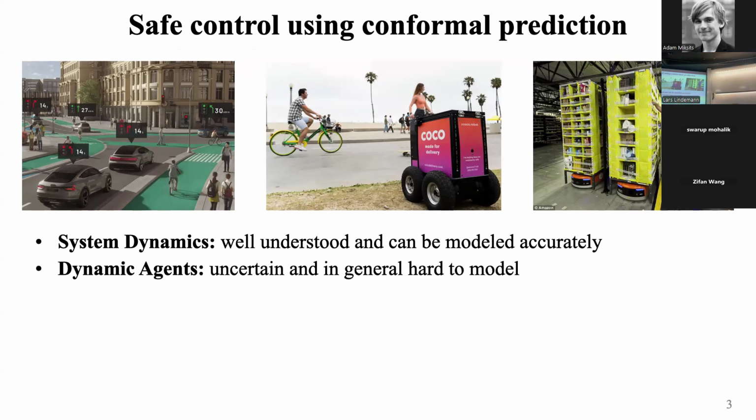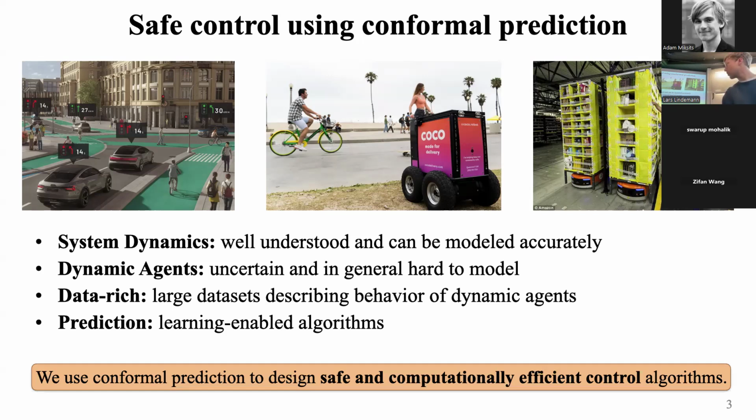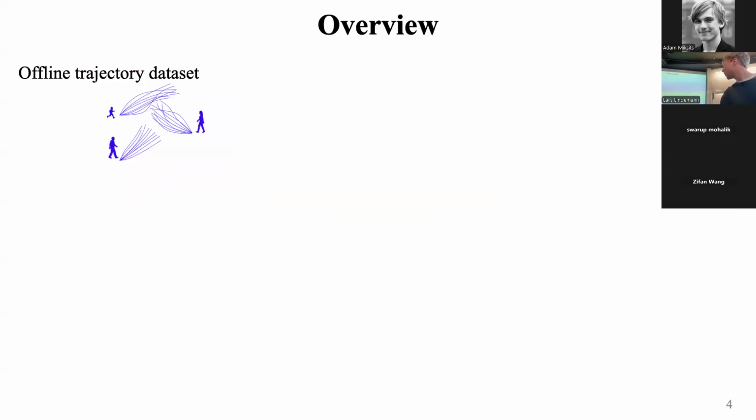However, the agents in the environment are usually uncertain and in general hard to model, right? But we're living in a data-rich world, so we have potentially large data sets that describe behavior of dynamic agents, and we have really powerful prediction algorithms, potentially learning-enabled, right? And we want to use all of these together with conformal prediction to design safe and computationally efficient control algorithms.